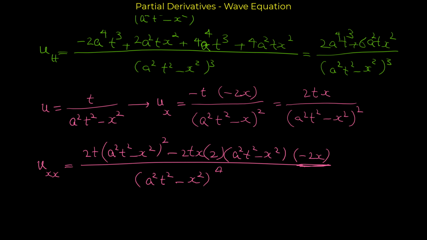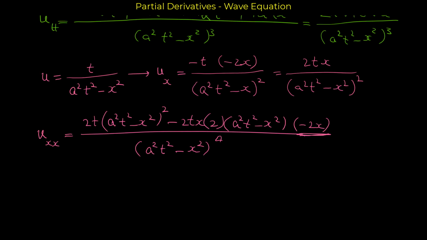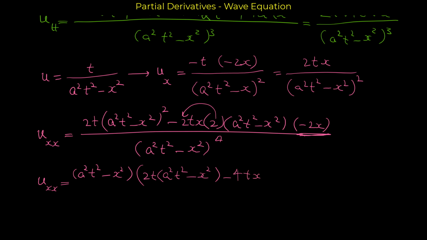Similar to the previous part, we are going to factor one (a^2t^2 minus x^2) from the numerator, and we are going to cancel it with the denominator. If we factor one (a^2t^2 minus x^2) from the numerator, then we have 2t times (a^2t^2 minus x^2) from the first term, minus, if you multiply these two in here, then you have 4tx, and because you factored, this completely cancels and this remains, times negative 2x.